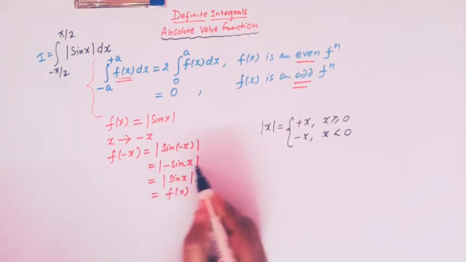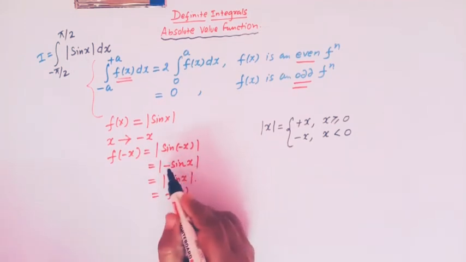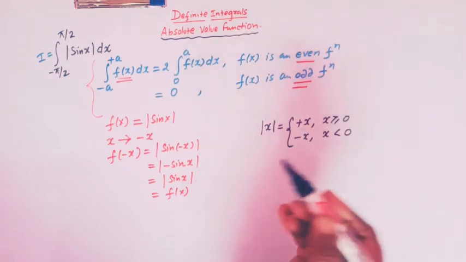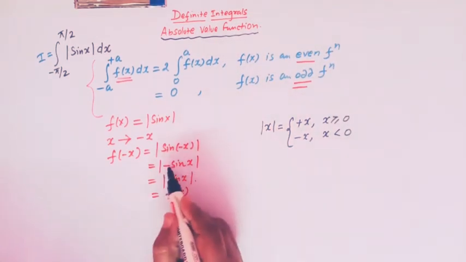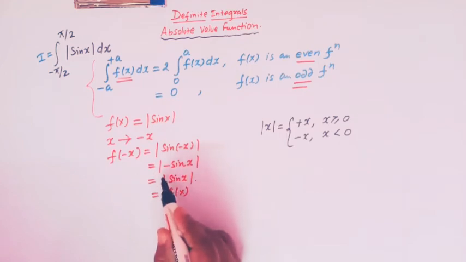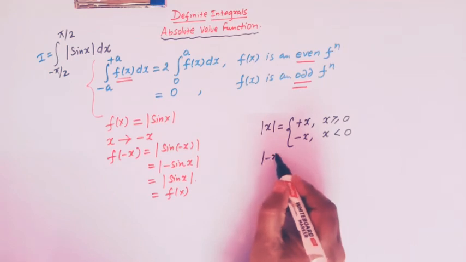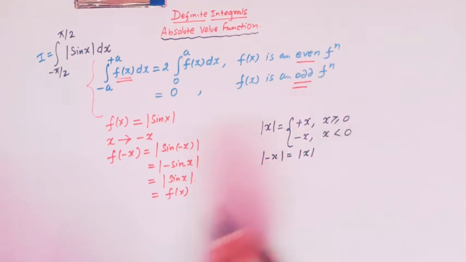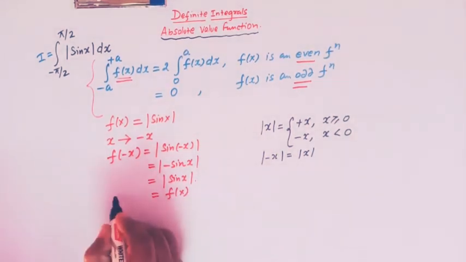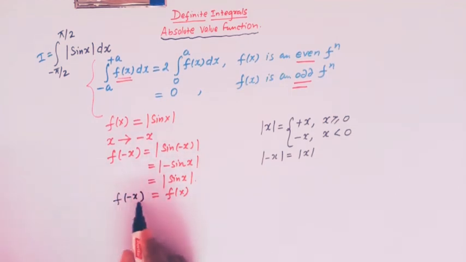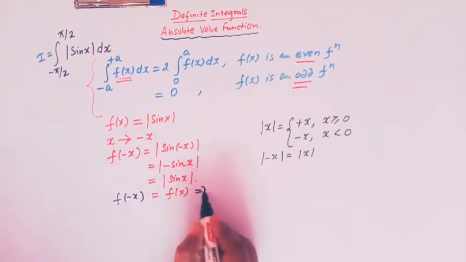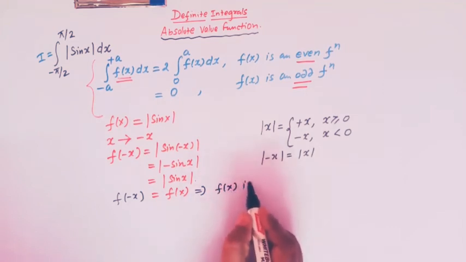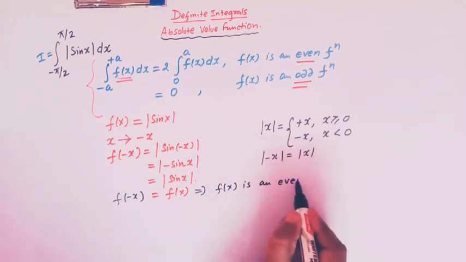Here we have mod of minus sine x, so the absolute value function makes this negative sign positive, and that's why we have mod of sine x. So mod of minus x is equal to mod of x for all real numbers. Here we see that f of minus x is equal to f of x, so this shows that f of x is an even function.